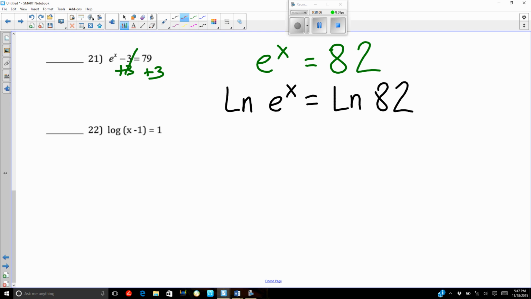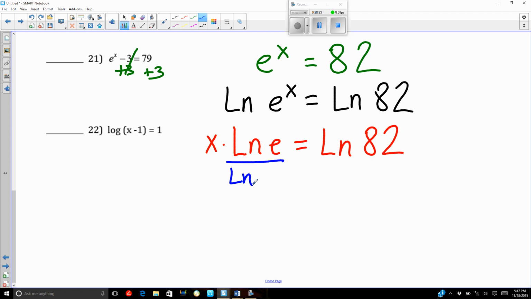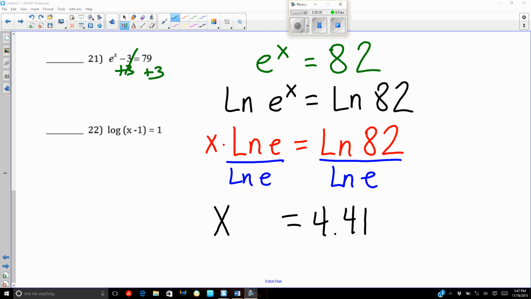And then everything else in this problem is identical to how we solved these earlier. Third logarithm rule, looks like that. To solve for x, divide both sides by the natural log of e. 4.41 is your answer for 21. And pause if you need to copy down the work.